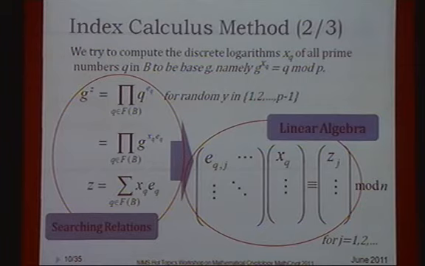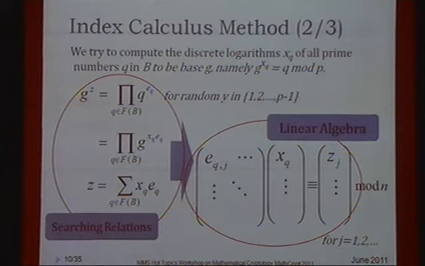And so here we have a trade-off. If we want many relations, then we make B large. Then we have a large factor base, and so we have to gather many equations. In that case, linear algebra becomes very large, and so it becomes slow.